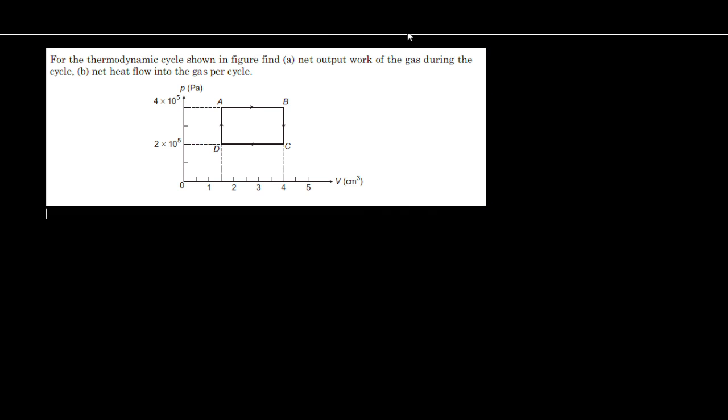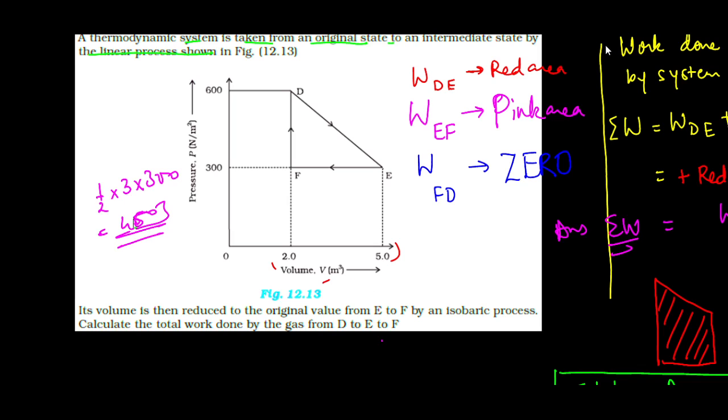Completed. Okay, let's see. ઘણા બધા લોકોએ આન્સર આપ્યો છે.